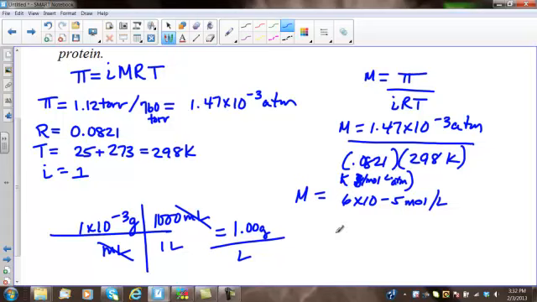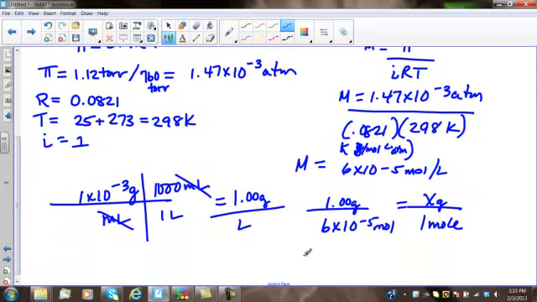Going back to our problem, we can set up a proportion. If 1 gram produces 6 times 10 to the minus 5 moles per liter, then X grams are in 1 mole, because we know that 1 mole is equal to the GFM, and we're looking for the gram formula mass.